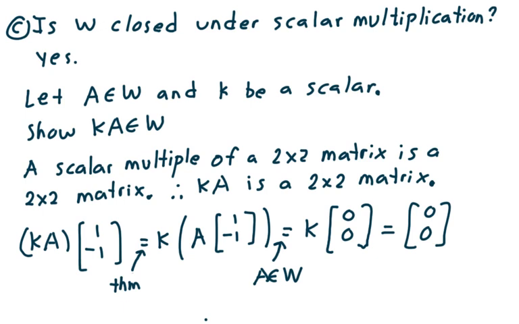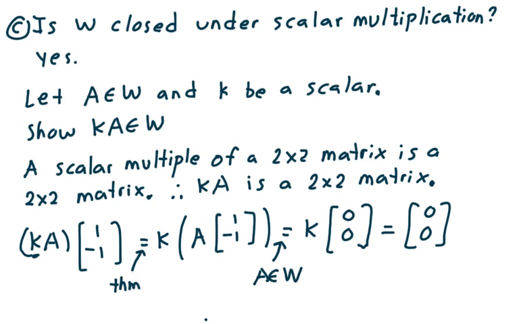Now, if I take KA times the column vector 1, negative 1, I can pull that K out in front and multiply by A times the column vector 1, negative 1. A theorem allows us to do that.